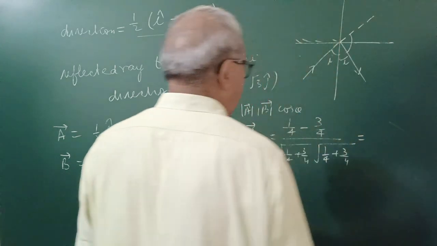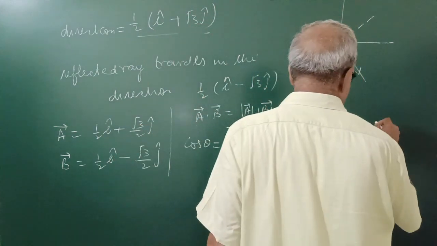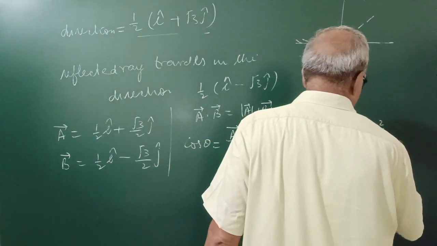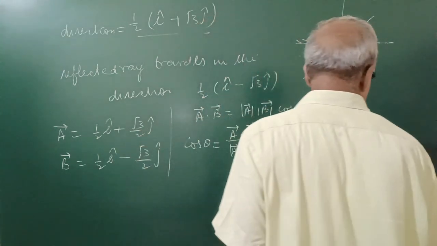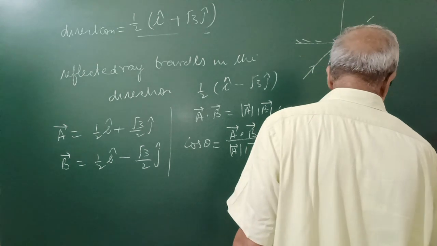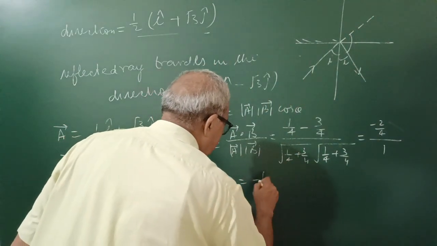It comes out to be minus 2 by 4 divided by 1. So cos theta comes out to be minus 1 by 2.